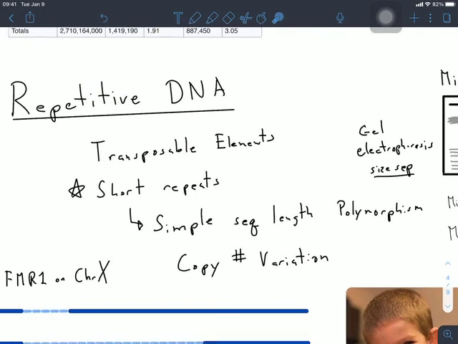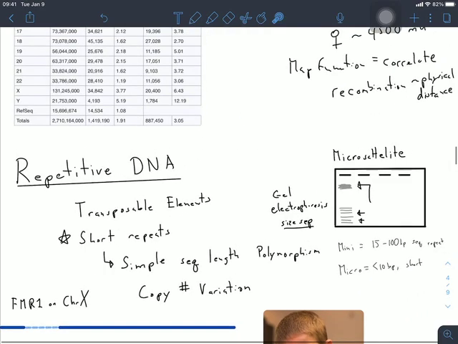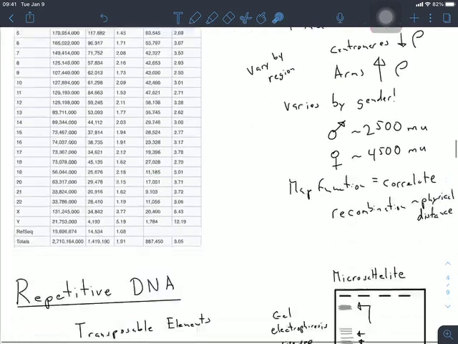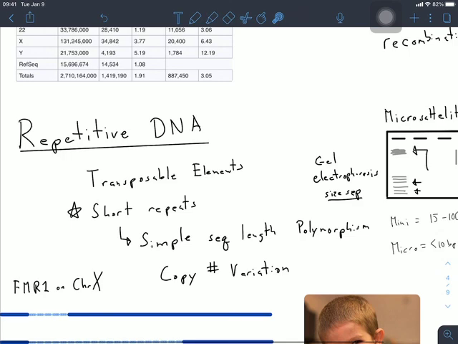Now, this repetitive DNA can be used as an excellent molecular marker, not because we're going to try to find SNPs in them, which is why we're talking about repetitive DNA separate from SNP density, but repetitive DNA can be used as a molecular marker because of copy number variation.